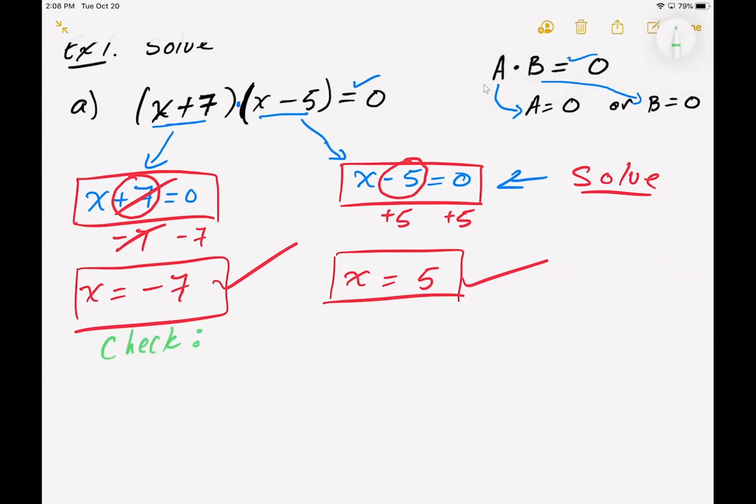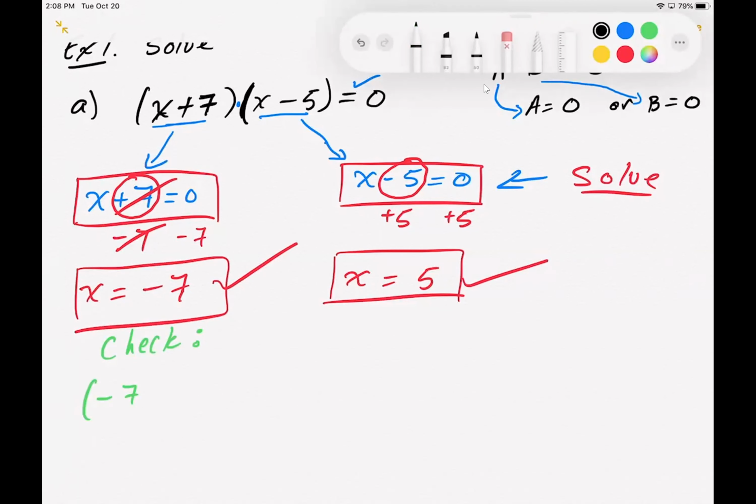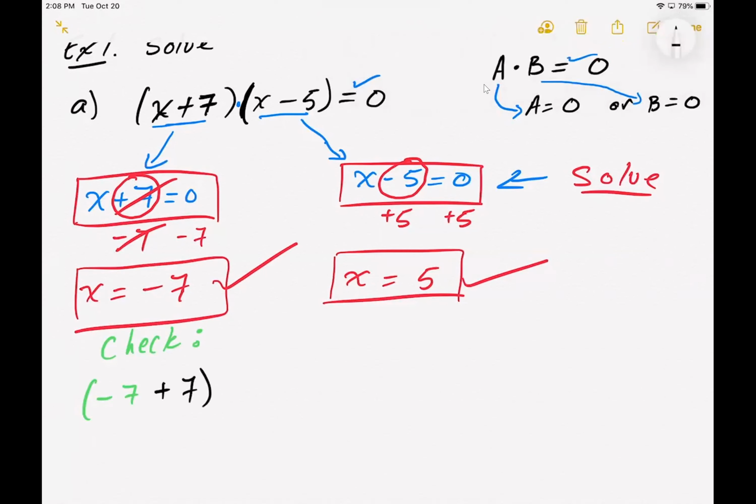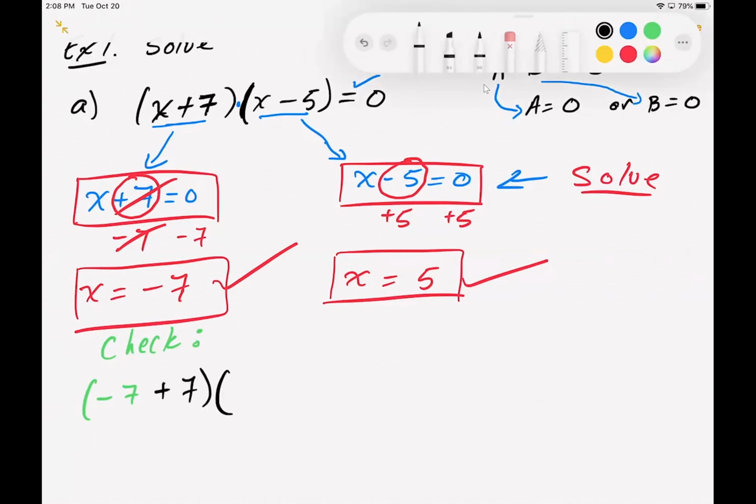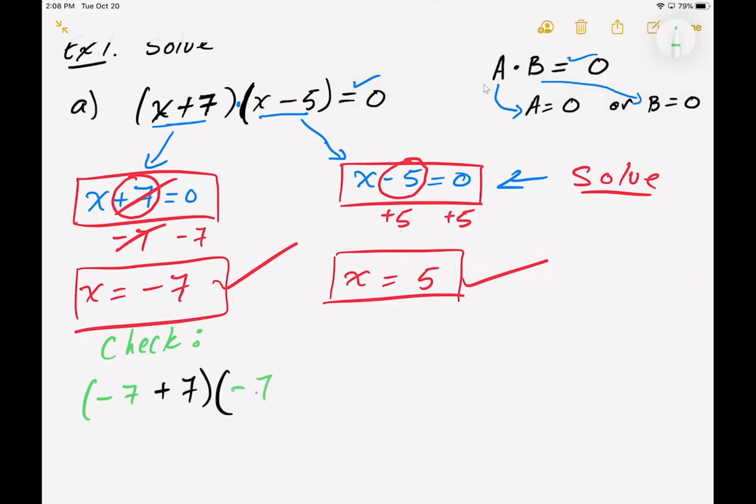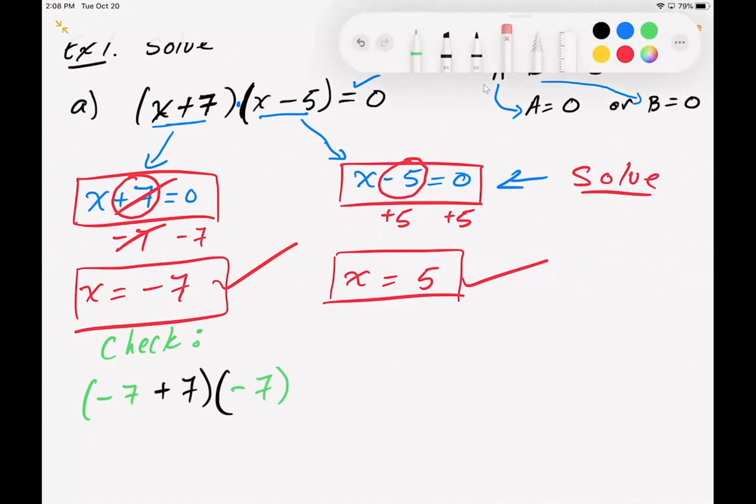If you check your answer, the first thing they tell us is that x is equal to negative 7. Meaning wherever I see my x, I put in a negative 7. Do you agree that this is what I have?